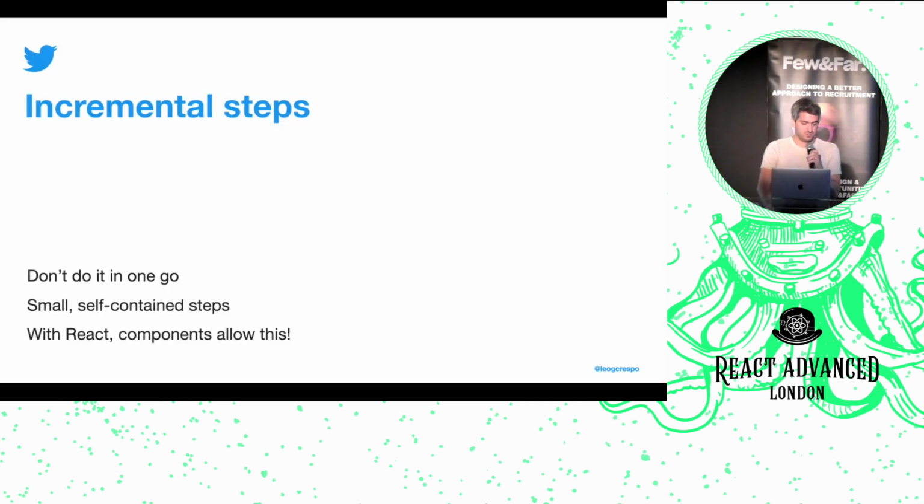The first one is to try to do it in incremental steps. The worst thing that you can do, in my opinion, for a big application migration is to do it in one go. Sometimes you see on Twitter, hey, I removed 2,000 or 7,000 lines of code with this migration.